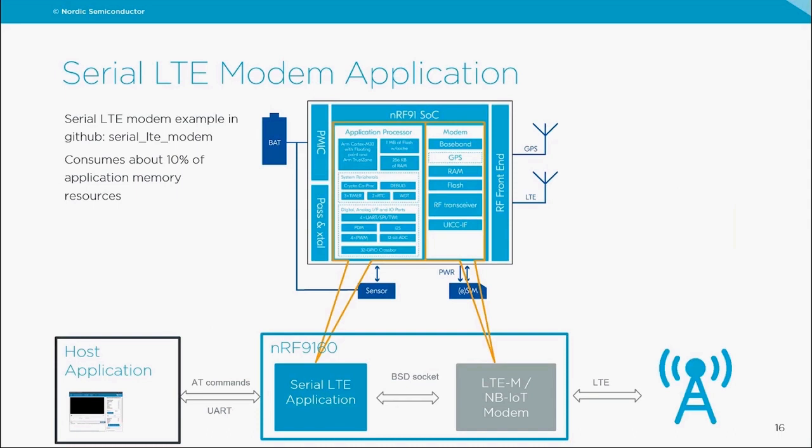The serial LTE application resides then in the application processor, and the modem stays unchanged. That is the standard modem. And you then have your host application, which could be the nRF Connect link monitor, for example. You can find in the nRF Connect for desktop tools. So that is an easy way to do some evaluation of the LTE functionality on the device.